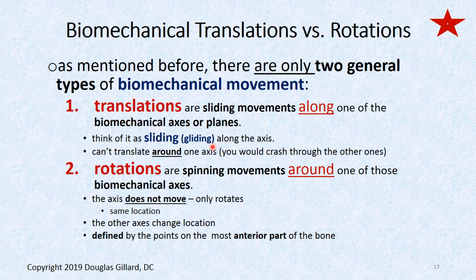It's the same thing, but it's not going to be twisting around. You can't translate around one of the axes. You would be crashing into one of the other axes if you did that. So this has got to be a sliding motion. Rotations are spinning around one of these axes. Okay? I think that's pretty intuitive.